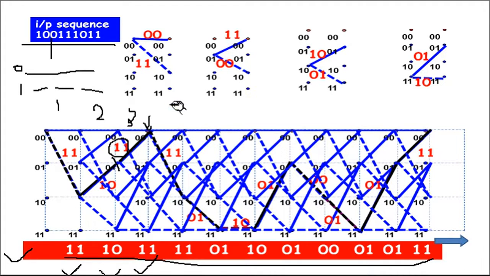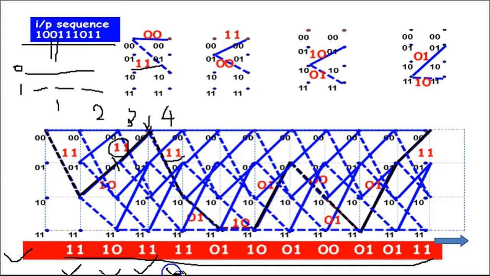In a similar fashion, for the fourth iteration or the T4 time, it will analyze the input bit 1. Once we reach this particular point and the input bit is 1, this is regarding 0 0. So 0 0, when the input is 1, is directed towards 1 0. At this point the output bits are 1 1, so the same output bits are provided over here.